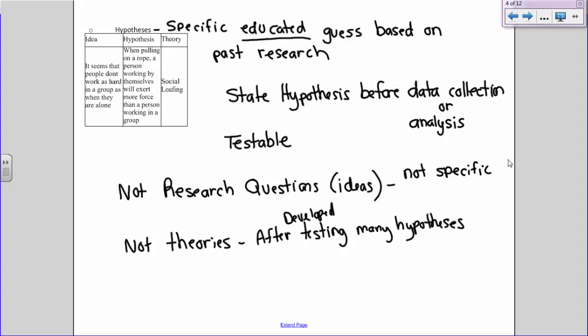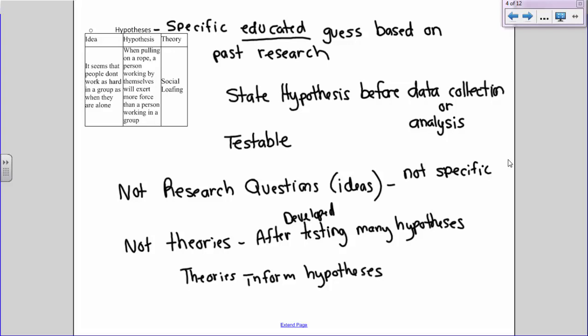Okay? A theory tends to explain hypotheses. A lot of times when you're stating a hypothesis, it's going to be based on previous theory. So theories inform hypotheses.